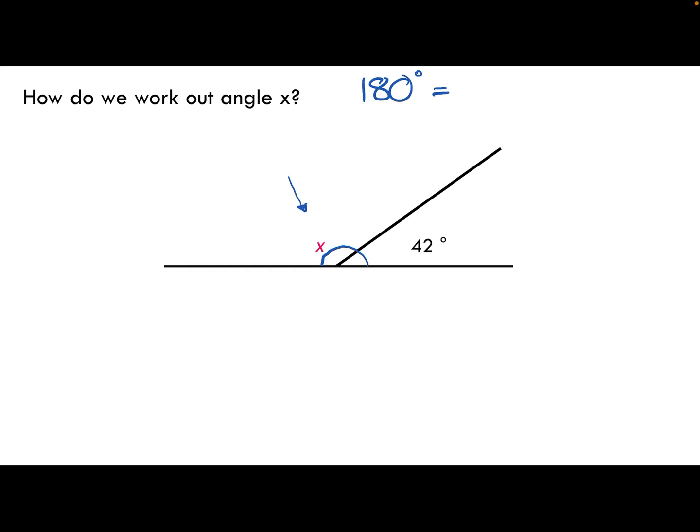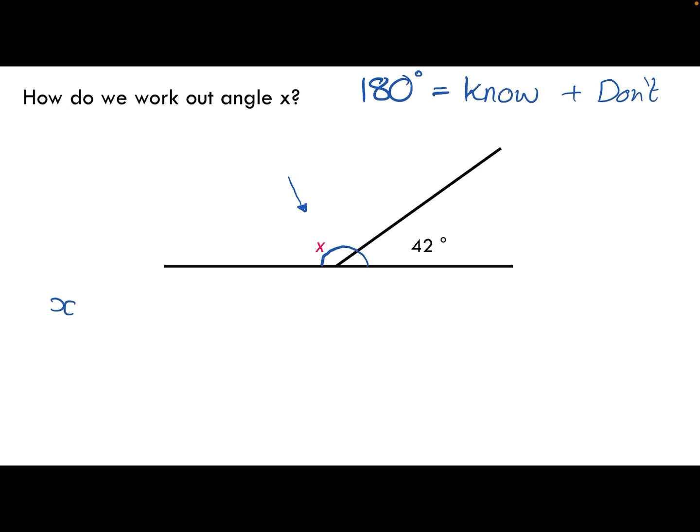And that is the same as our 42 and our x. And another way I like to think about it, it's the same as the information that we know, which is this 42, add the information we don't know. So 180 degrees is equal to what we know, add what we don't know.